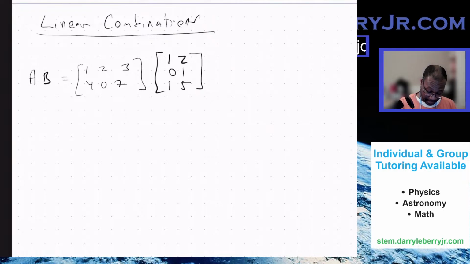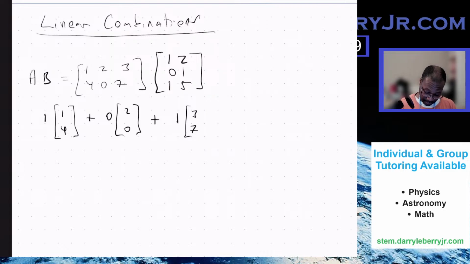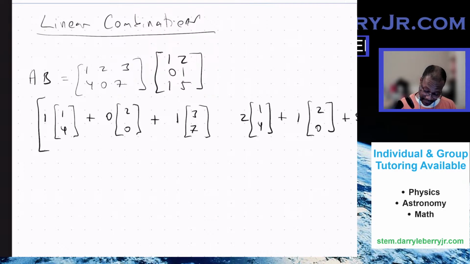So this will be 1 times (1, 4) plus 0 times (2, 0) plus 1 times (3, 7). And then we have 2 times (1, 4) plus 1 times (2, 0) plus 5 times (3, 7).